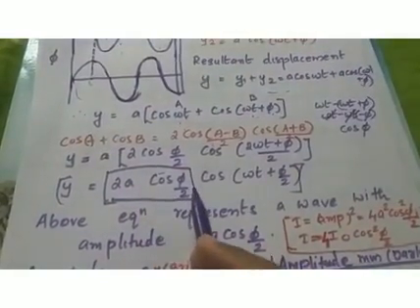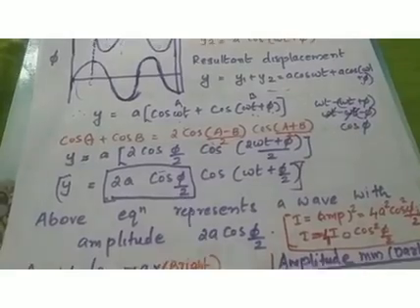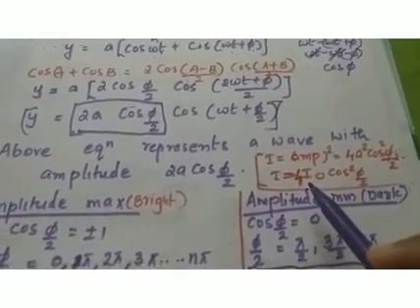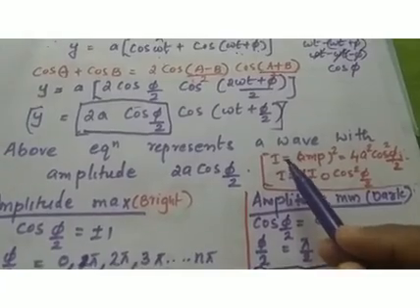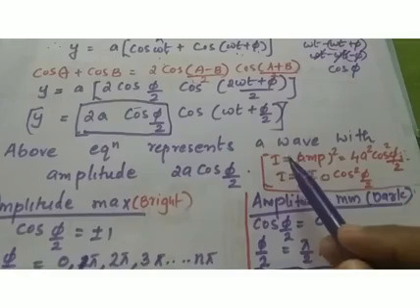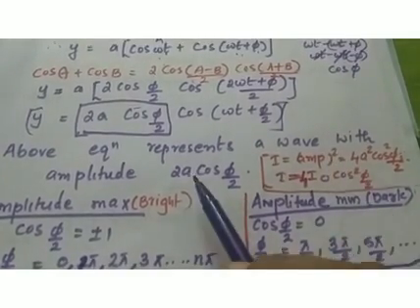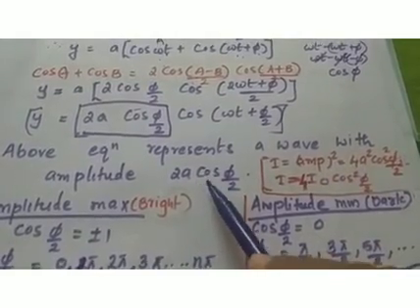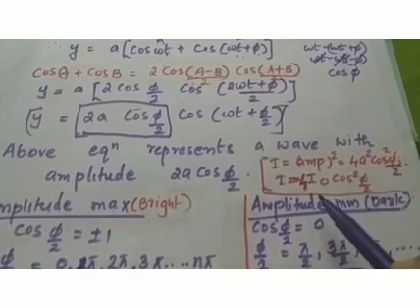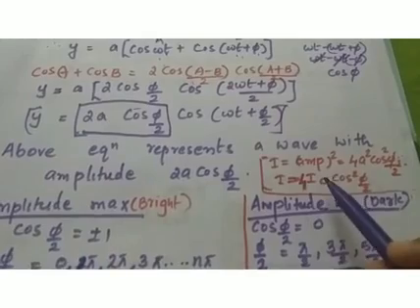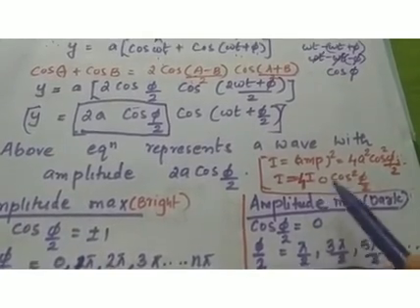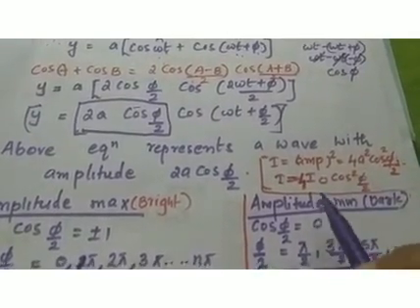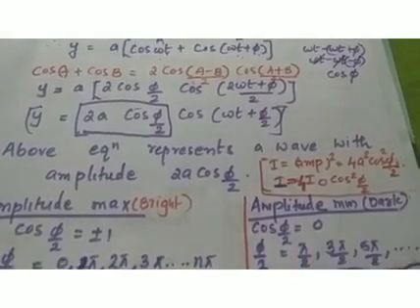Once we get the amplitude, we can easily find the intensity, because intensity is equal to amplitude squared. So the intensity is the square of this expression, that is 4a squared cos squared(phi/2). This a squared can be denoted by I naught, the intensity of the original wave, and this is the intensity of the resultant wave.